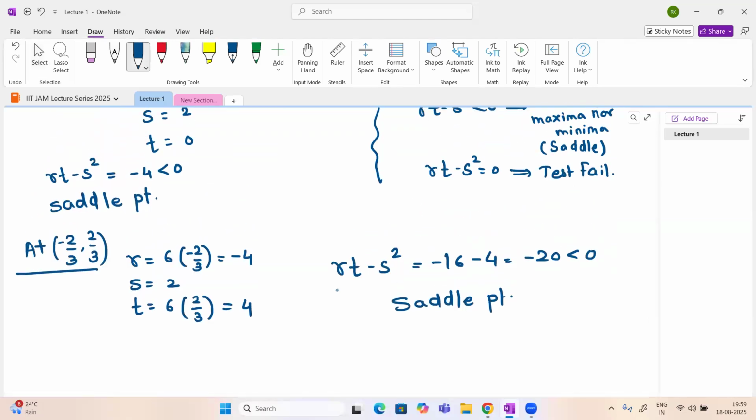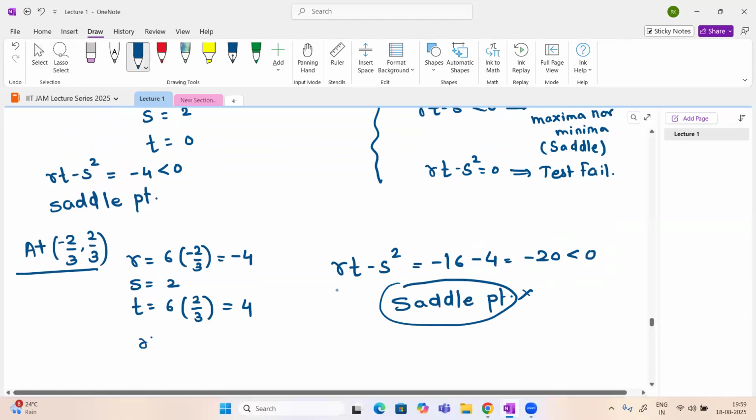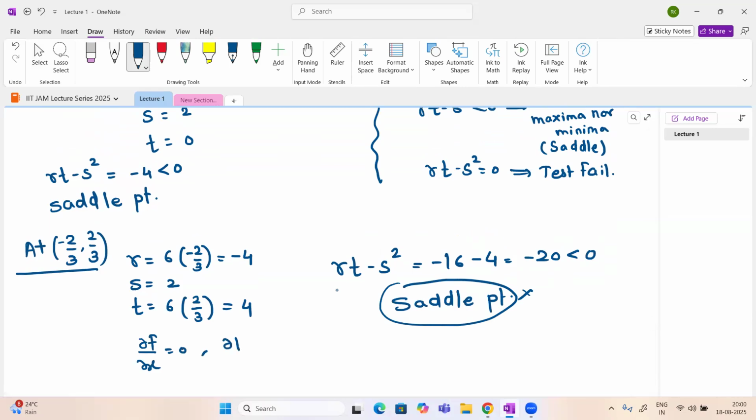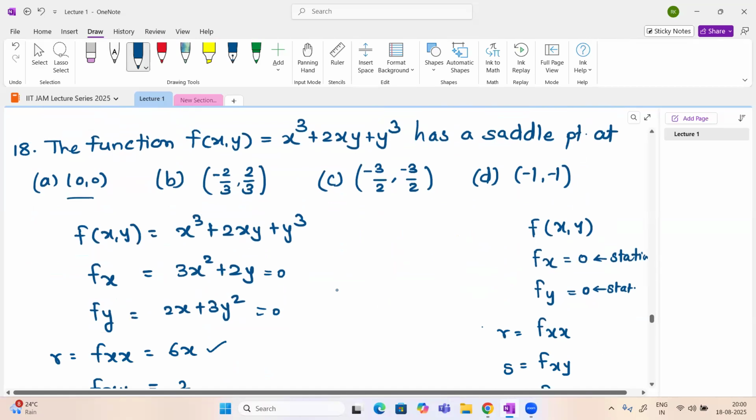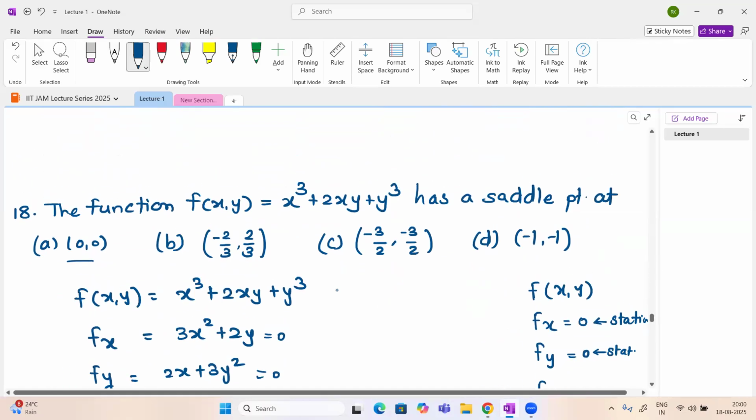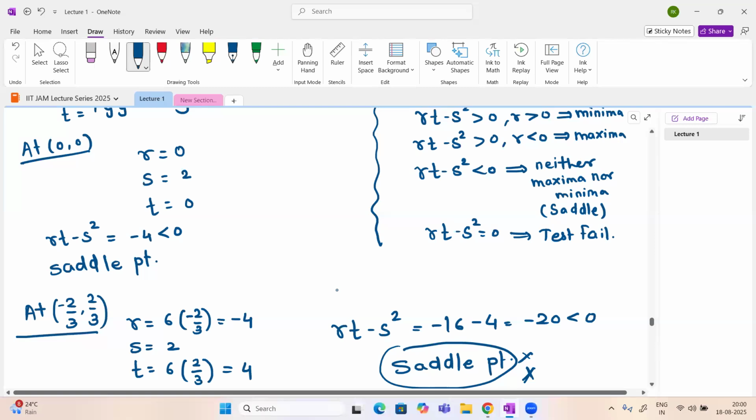It is satisfying rt - s^2 < 0, but the partial derivatives of f with respect to x and y must both be 0. These conditions are not satisfied, so you cannot say it is a saddle point. I need to rectify this one. In the case of the remaining points also, you need to do the same. You have to check whether they satisfy the condition of stationary points as well as the condition of a saddle point.